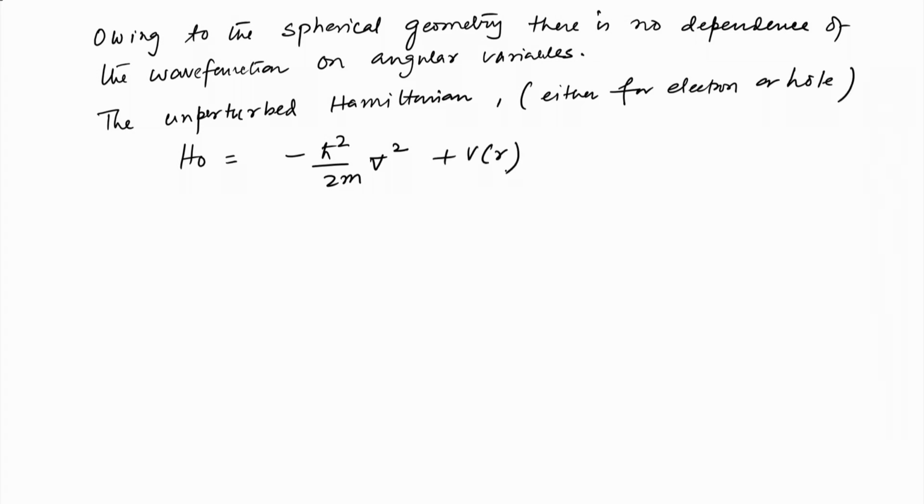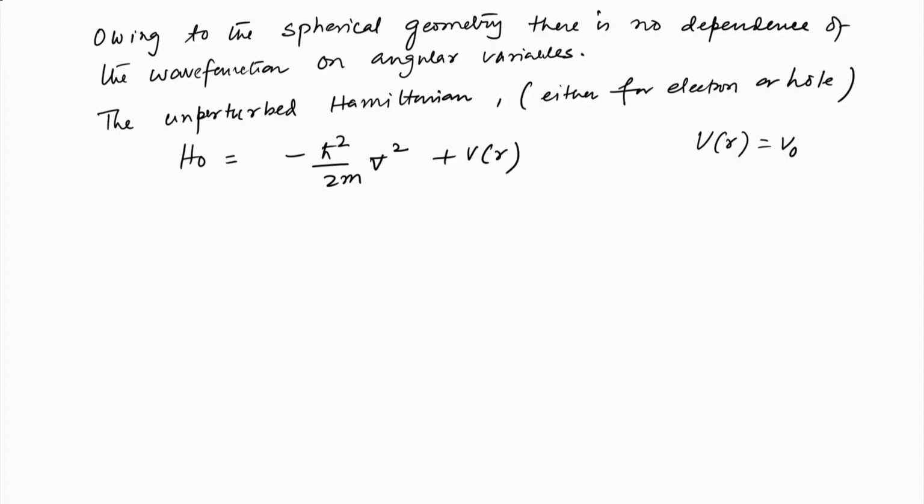Now, of course, V of r can be taken as V 0, which is the same for all values of r. So, if we write down the del square operator, which is the Laplacian in the radial coordinates, you will find this in any formula book, or even at the back cover of Griffiths, and you would be able to write this.